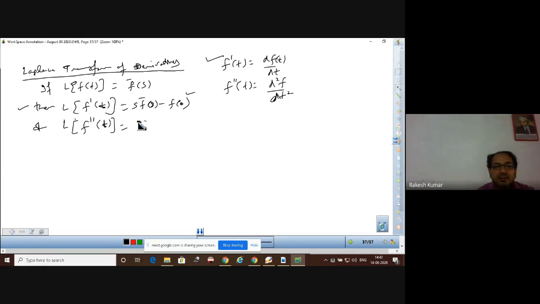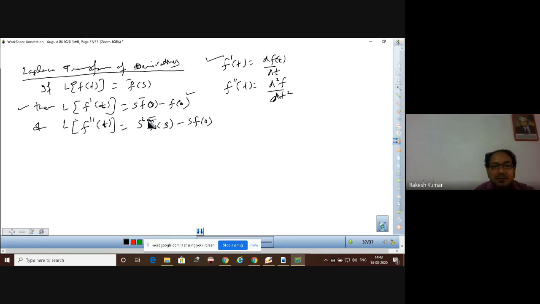And double order derivative means s square. You will start with s square f bar s minus s f of 0. We will go by decreasing the power of s.